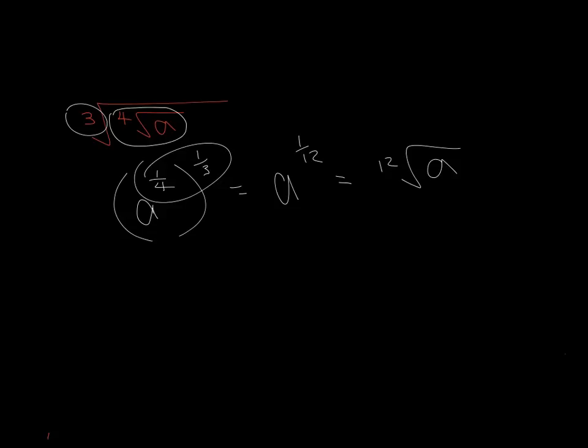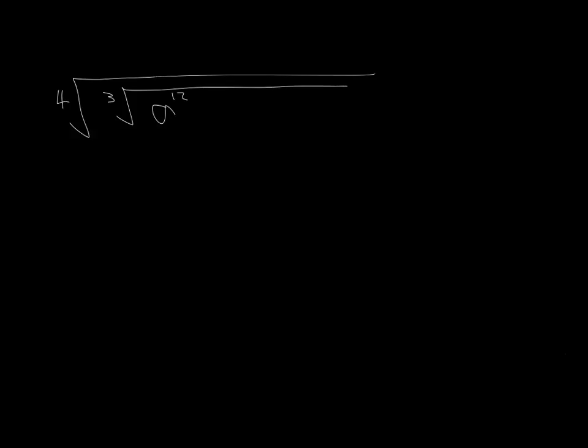So that was one of the reasons I taught you how to do that, because there are times where that becomes very handy. In fact, let's look at number 79, because that one looks really tricky. We have the fourth root of the cubed root of a to the 12th, b to the 24th, c to the 14th.